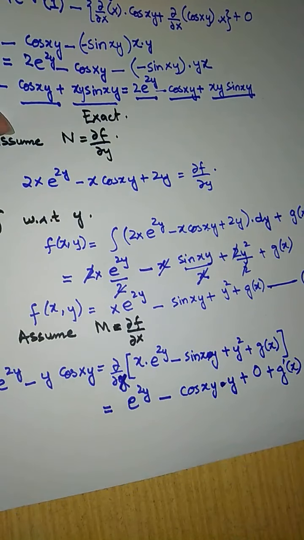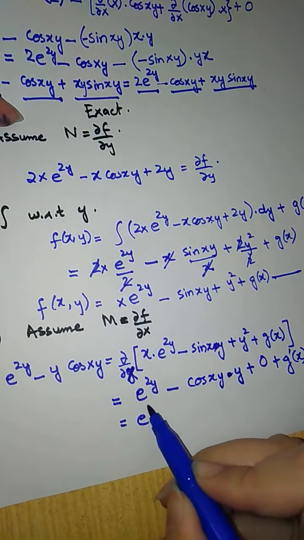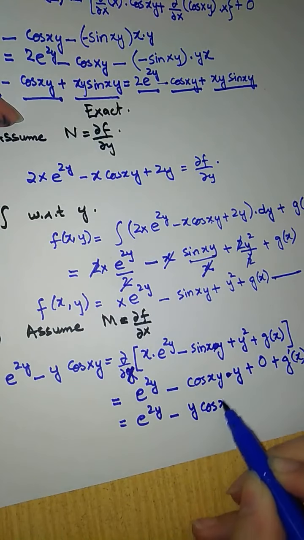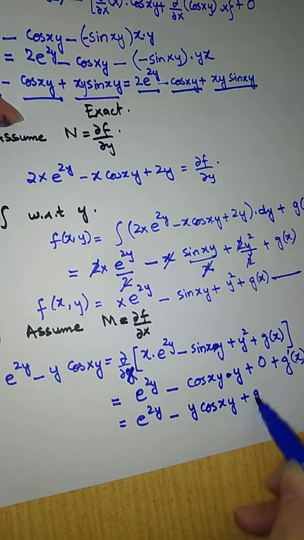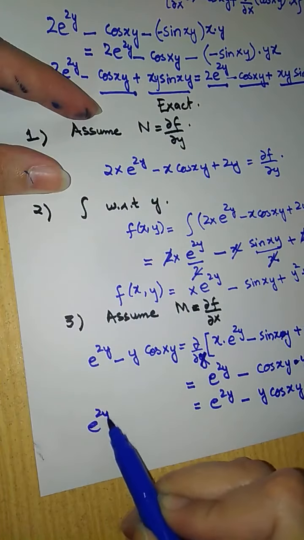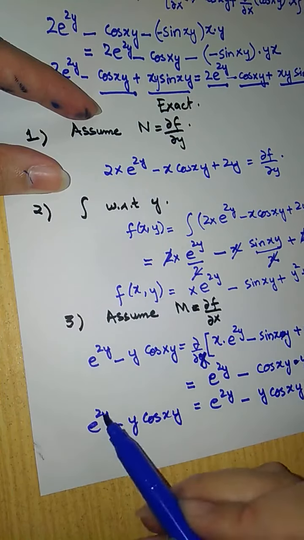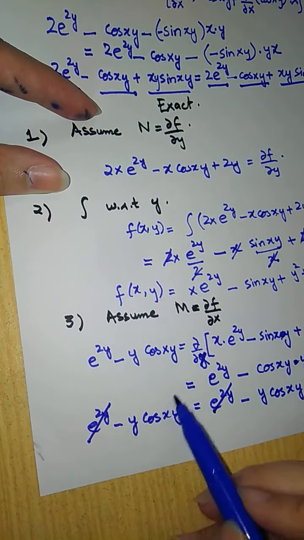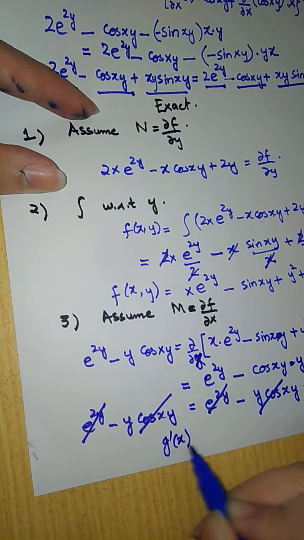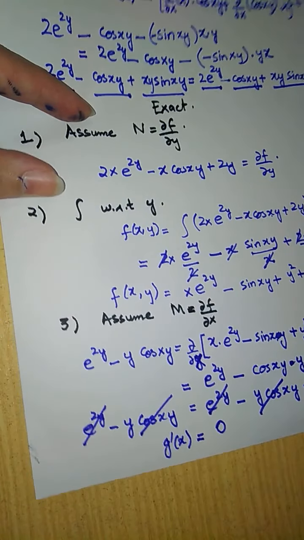So I am solving this: e to the power 2y minus y cos of xy equals e to the power 2y minus y cos of xy plus g dash of x. So it gets cancelled with this, and g dash of x is equal to 0.